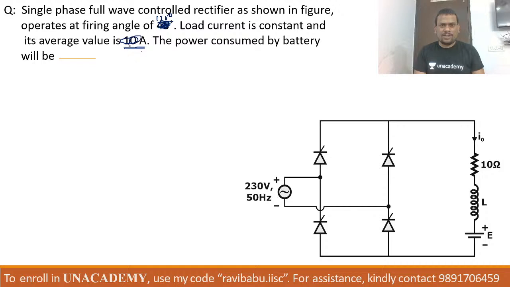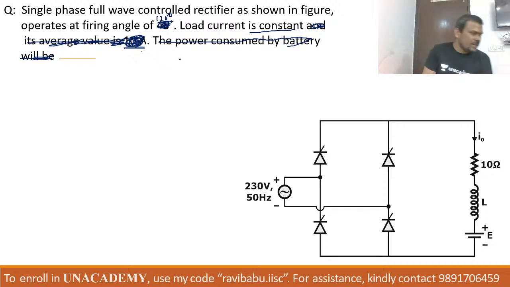Okay, leave it. The load current is constant, and I want to change this. Only keep in mind I naught is constant. Now the power consumed by the battery will be. Leave this thing. For you, I want to design a good question.